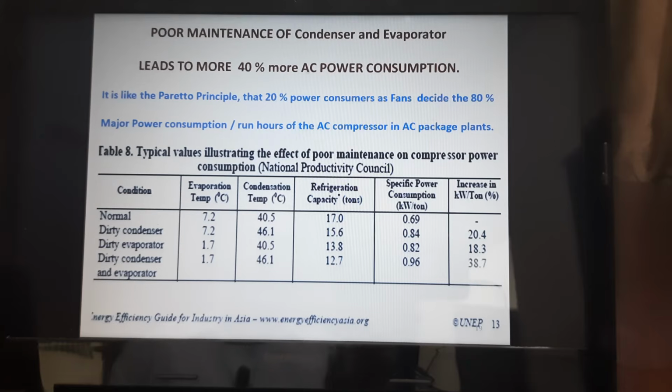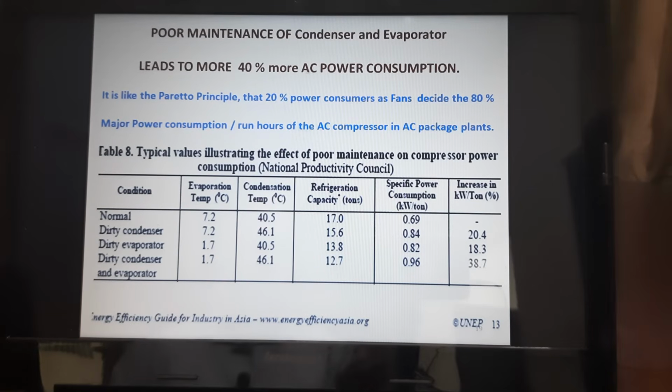Coming to the maintenance of the condenser and evaporator: if the air conditioner outdoor condenser is normal, the kilowatt per ton is normal and excellent. If a dirty condenser is there, you can see the evaporation and condensation temperature also. It's an excellent case study by the National Productivity Council.